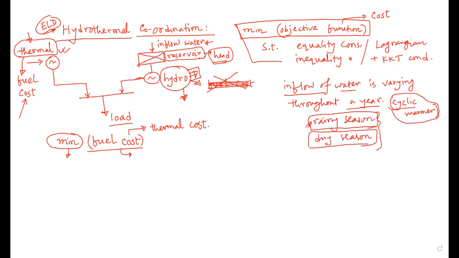So the reservoir level, that is the height of the water level within the reservoir, will actually vary in a cyclic manner depending on the season you are following.